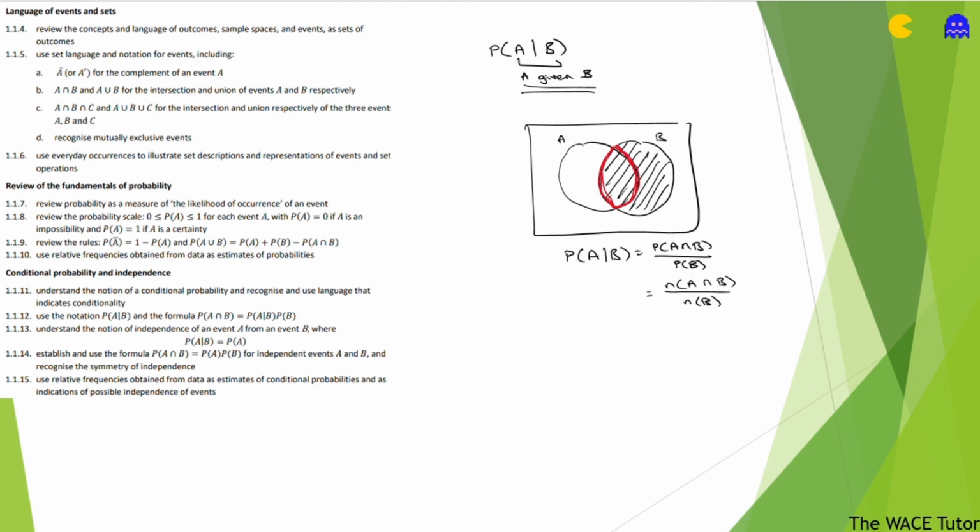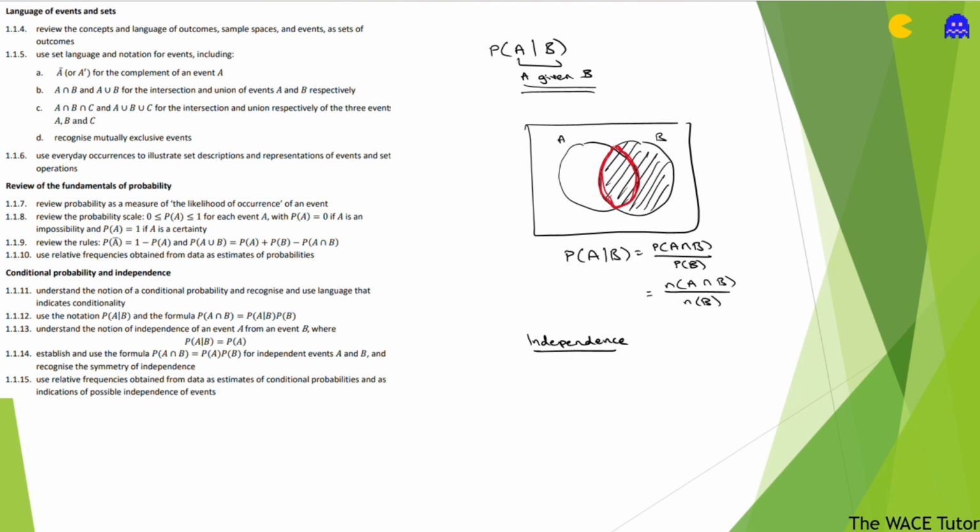Now that we've come to a definition of what conditional probability is, we can take a look at independence. What independent events refer to are events that do not have any influences on each other in terms of probability. For example, let's say the probability that it rains in California and the probability that I go to the pool in Perth.